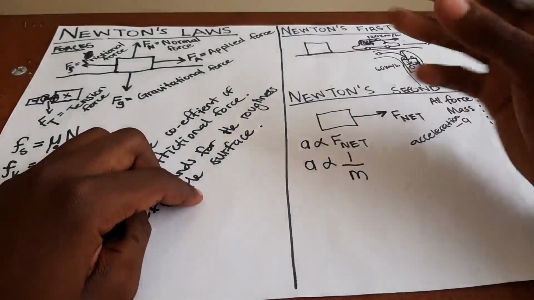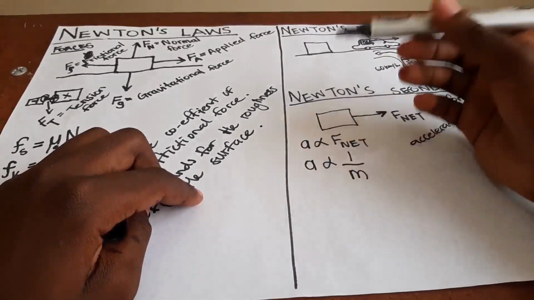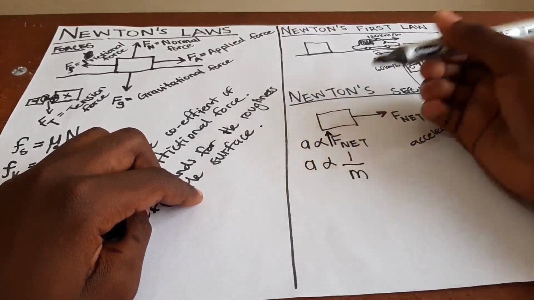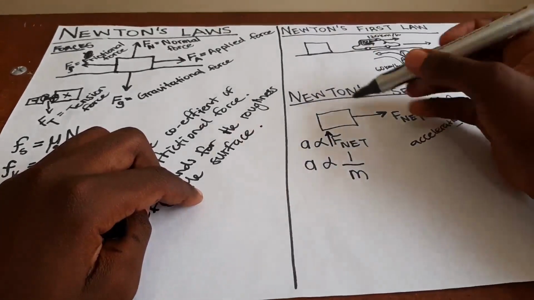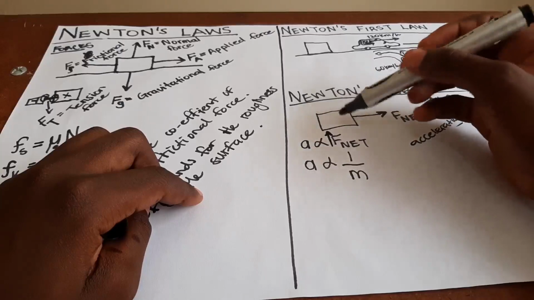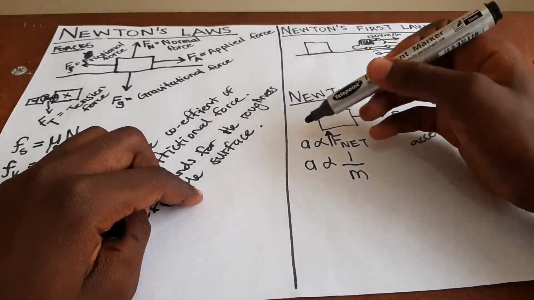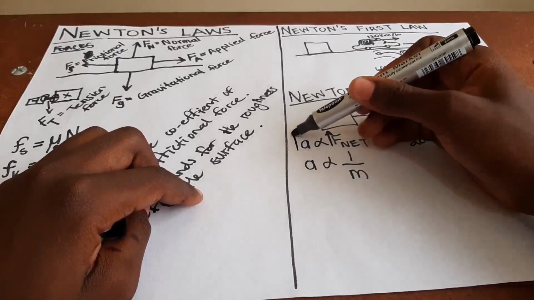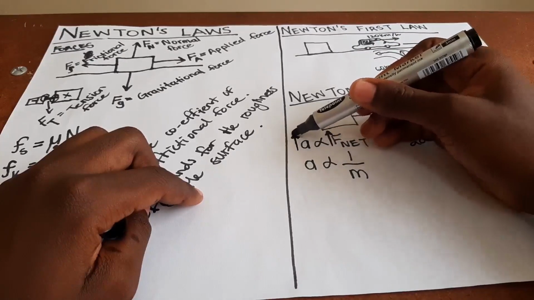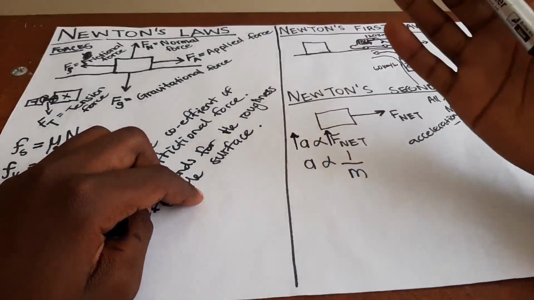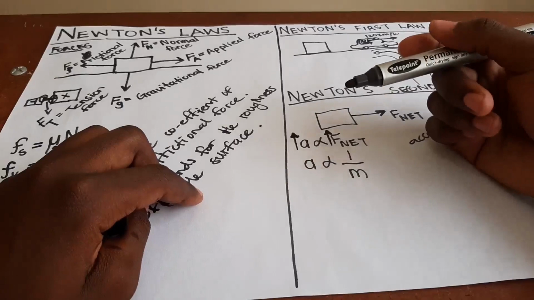This basically means that if we increase the net force, the applied force, the force that caused this object to move, the acceleration will also increase. If I increase the net force, the acceleration will increase.